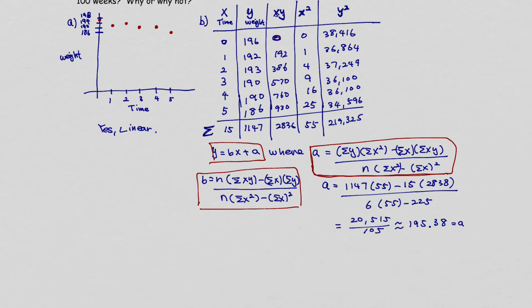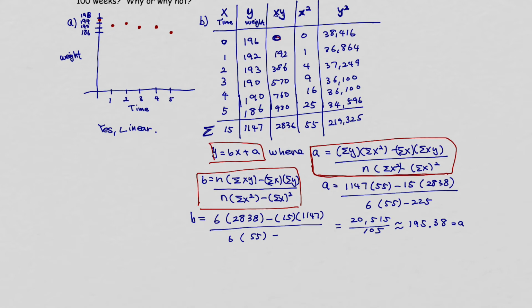Let's see, using this formula, I'm going to find my B value, right? So find my B value by plugging into the formula. N is 6, times summation of x times y, minus summation of x times summation of y, all over 6 times summation of x squared minus summation of x, which is going to be 15.